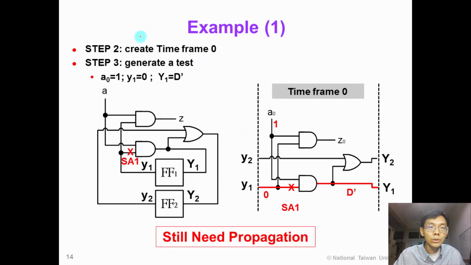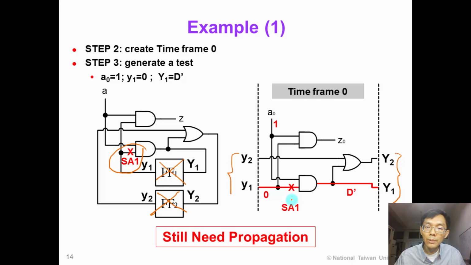Now let's get back to our motivating problem. Consider this stuck-at-1 fault in the sequential circuit. Let's use the extended D algorithm to generate a test. First, we create time frame 0 by removing these flip-flops. Small y1 and y2 are now inputs, and the big Y1 and Y2 are now outputs.